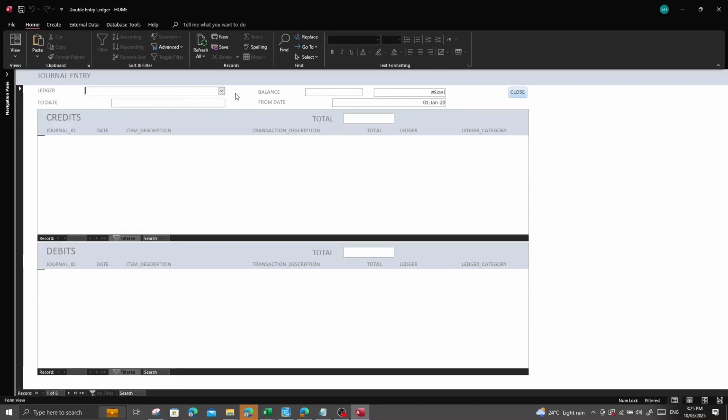And here we can review the debits and credits of each of these ledgers to get an idea of where we stand in terms of expenses and income and so on.